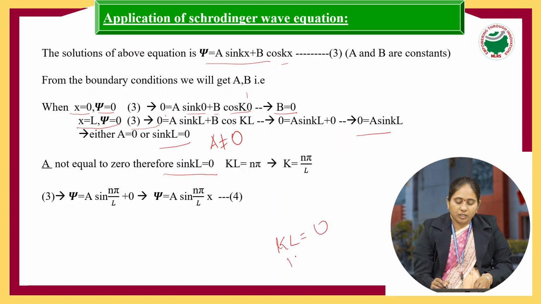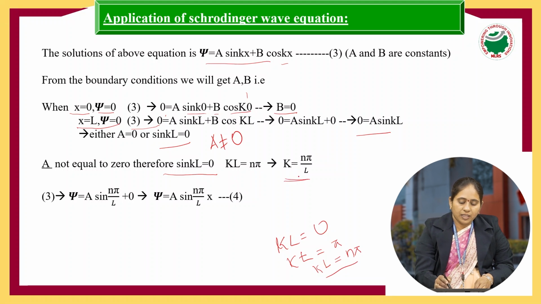For kL equal to pi, sin pi is 0. Again sin 2 pi, sin 3 pi, sin n pi become 0. Means the kL value should be n pi. So kL is equal to n pi means k is equal to n pi by L.